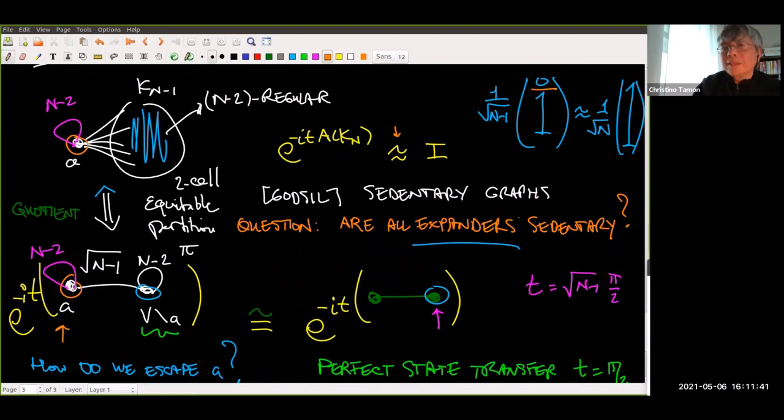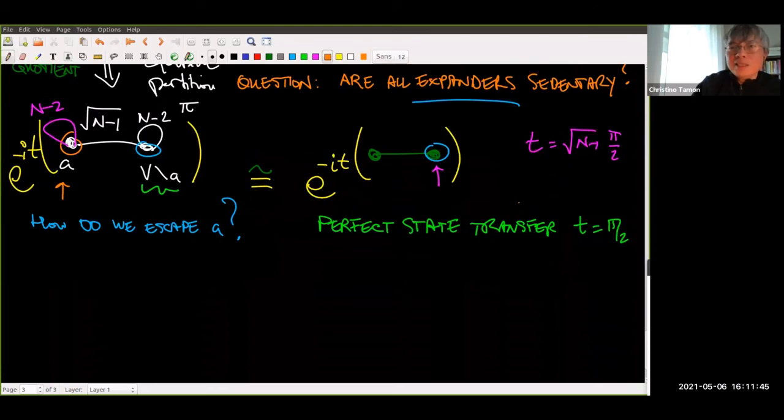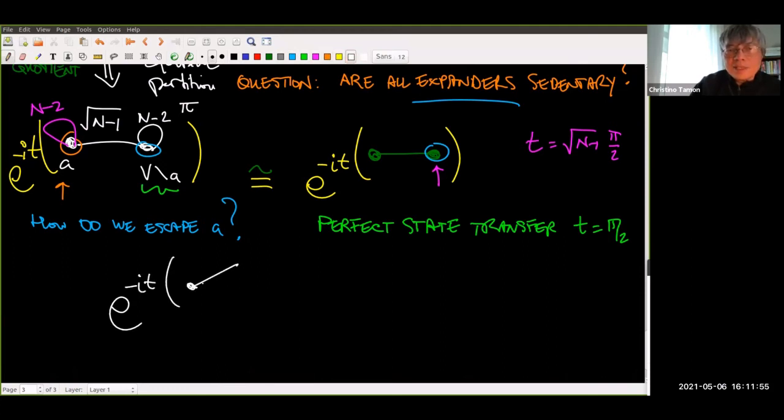Modulo those approximations, essentially what this is saying is you have this clique, and then we allow this self loop to be added, as Sophie had suggested here.